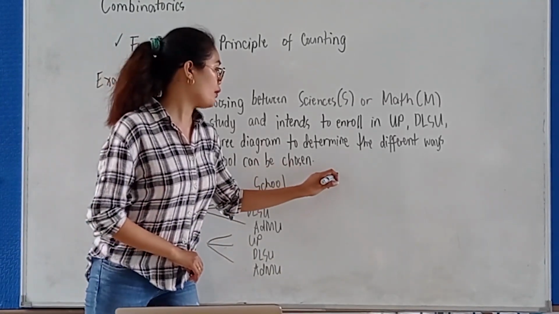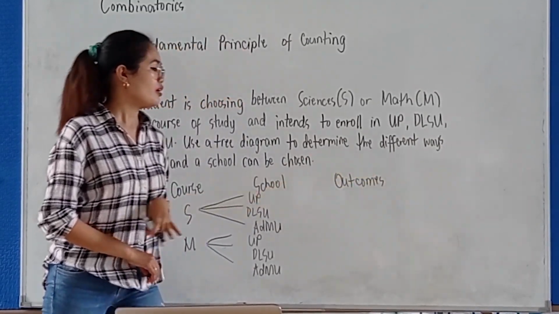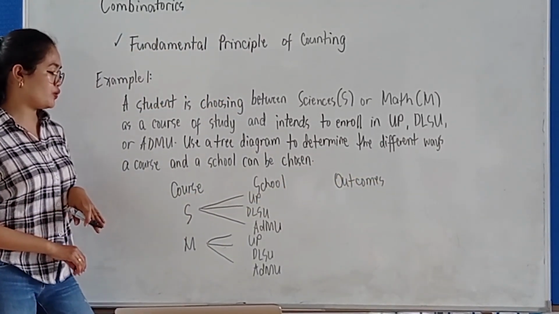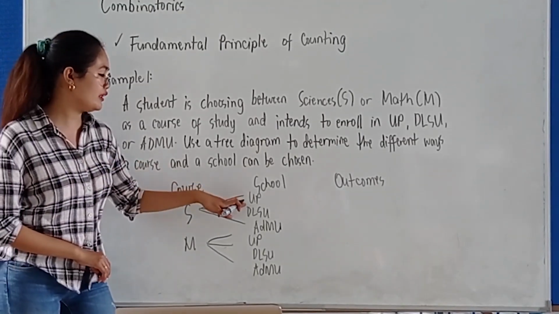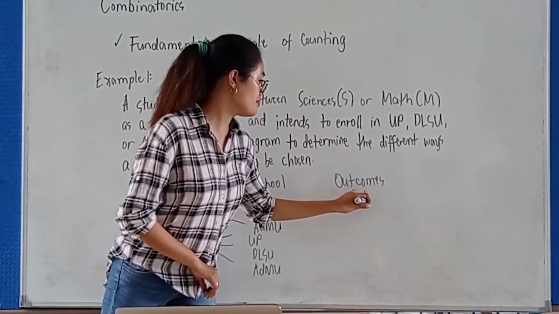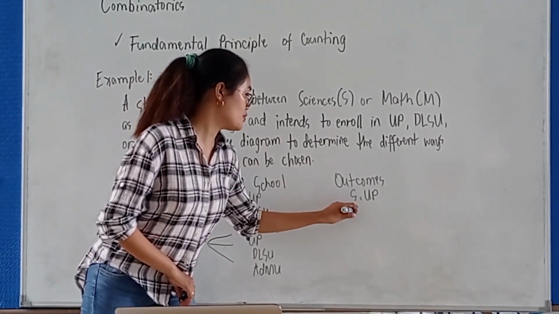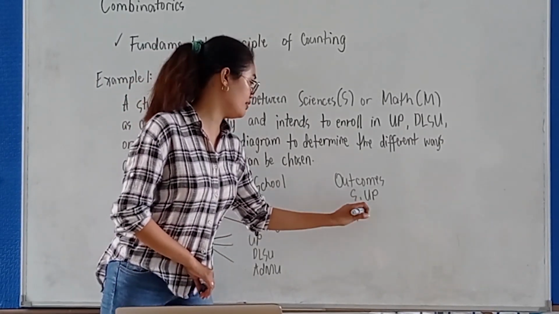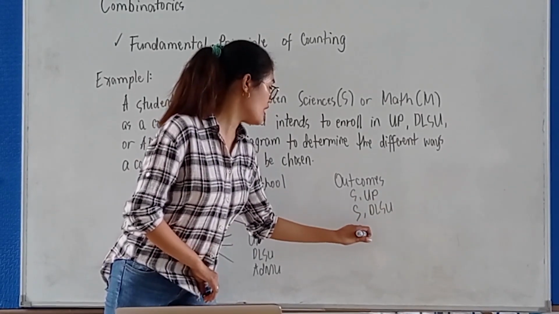Now, our outcomes are the following. If our student chooses to take up sciences, he can study in UP, so we have S and UP. He can also choose to study sciences in DLSU or sciences in ADMU.